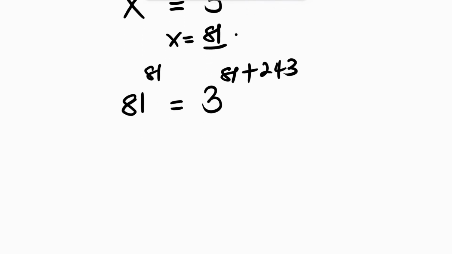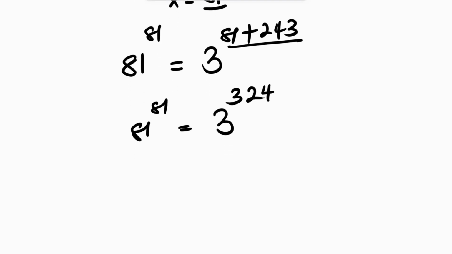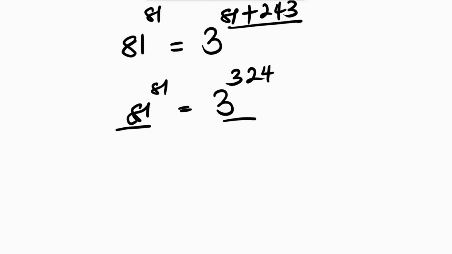If we add this up, we have 81 raised to the power 81 is equal to 3 raised to the power 324. So let us try to make this right hand side look like the left hand side. 81 raised to the power 81 is the same thing as what?